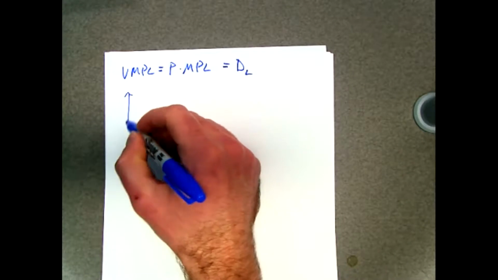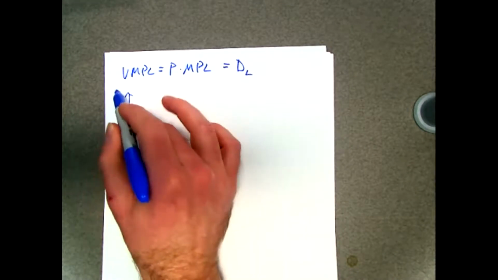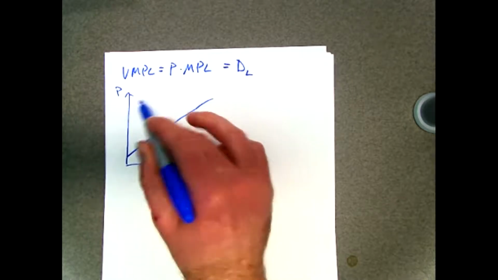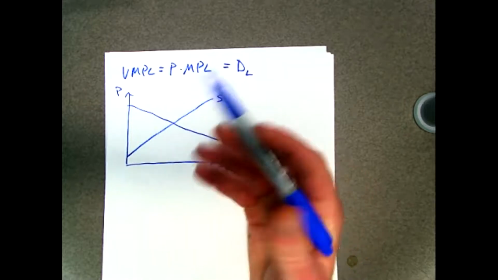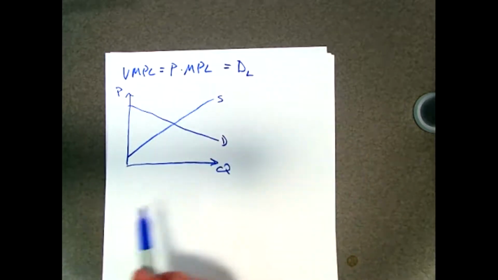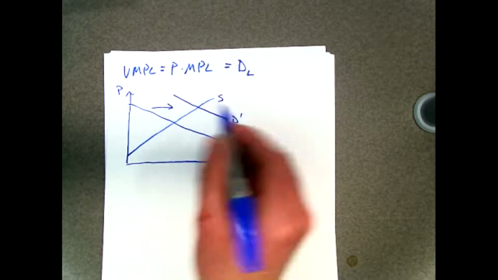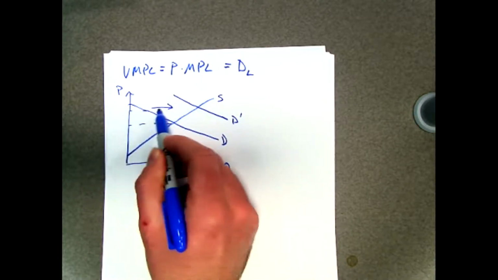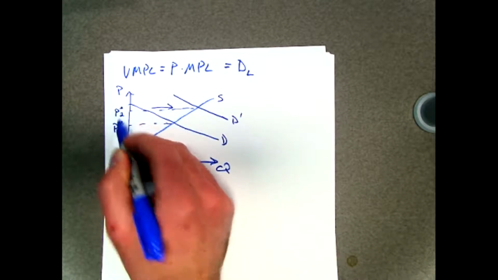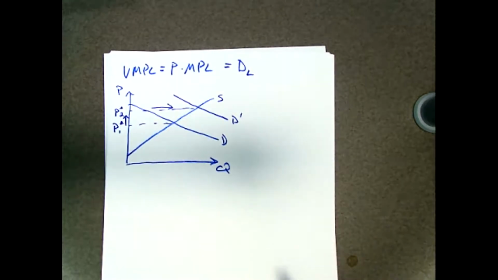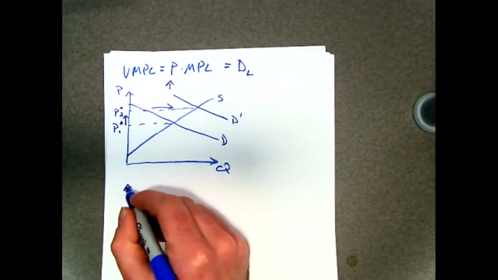So when I'm thinking about an increase in the demand for a specific product, this is where, even though the exam is not cumulative, everything builds on each other. So if demand increases, the equilibrium price of the good also increased. So if the price of the good increased, what happens to the demand curve for labor?